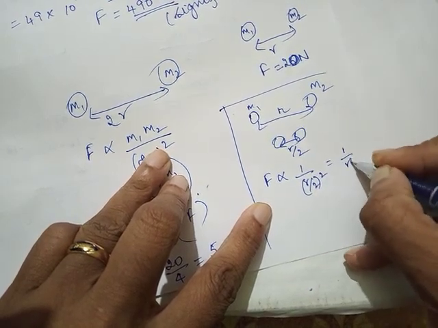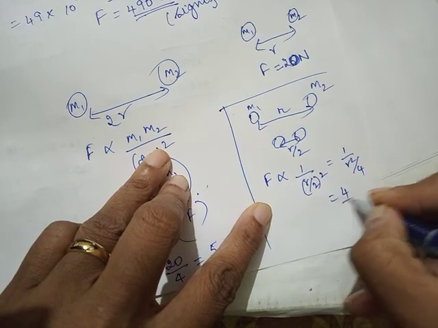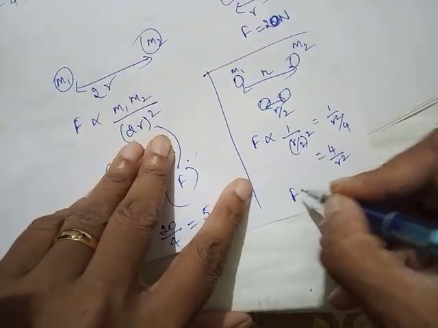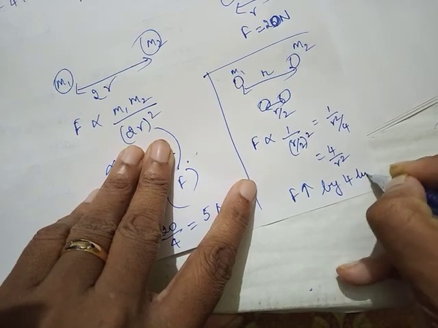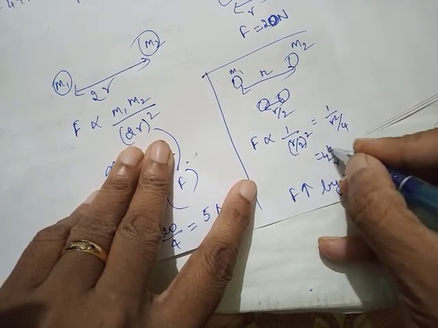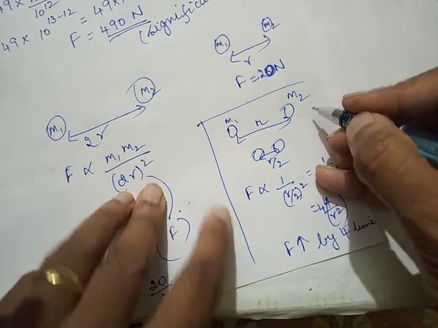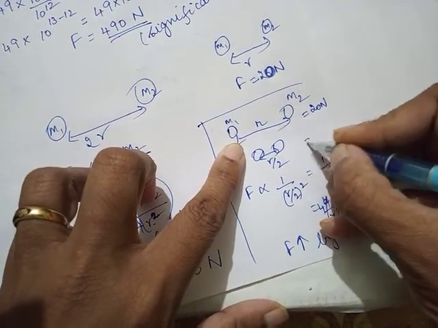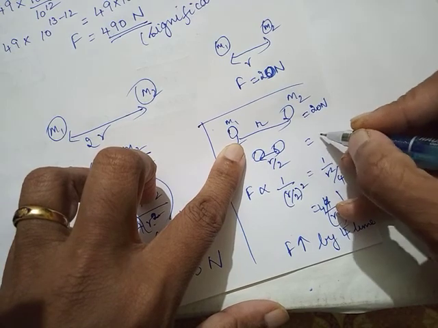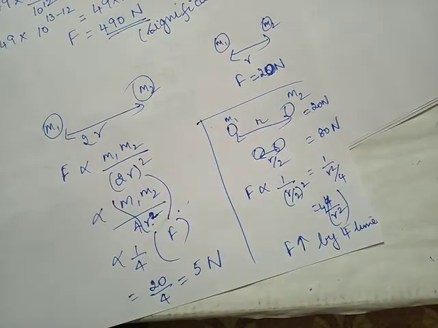So 1 by r squared by 4, or 4 by r square, so F increases by 4 times. If in this case the force was 20 Newton, in this case the force will be 4 times of this, that is 80 Newton.